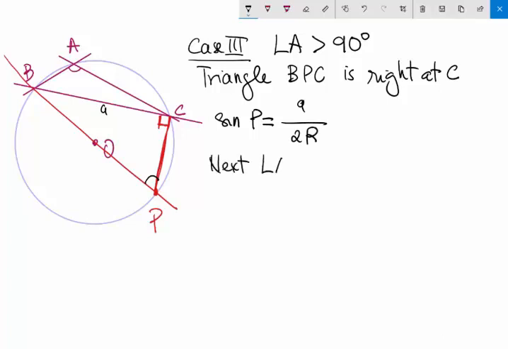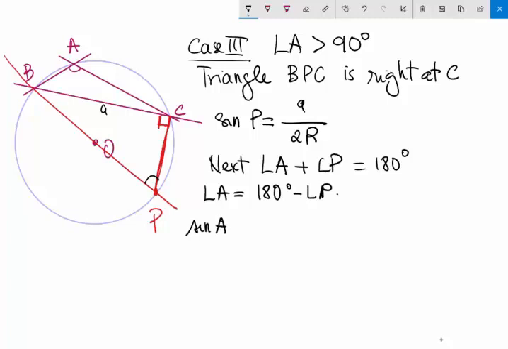Next, angle A plus angle P. Notice that angle A and angle P are opposite to each other in the quadrilateral ABPC, and we've seen that opposite angles inside the quadrilateral must be supplementary, so that must be equal to 180 degrees, which means that angle A must be 180 degrees minus angle P. Now sine of angle A will be sine of 180 degrees times cosine of angle P minus cosine of 180 degrees times sine of P. However, sine of 180 degrees is 0.